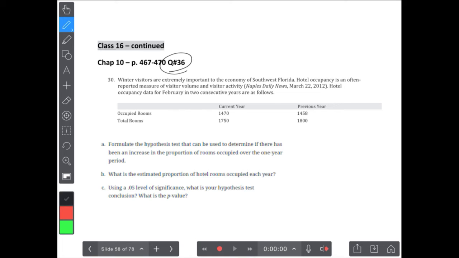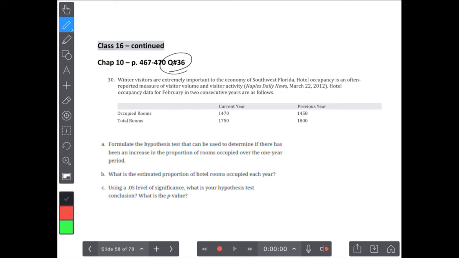So we see the current year, our number of occupied rooms, 1470. Total number of rooms, 1750. The previous year, we had a number of occupied rooms of 1458. The total number of rooms, previous year, sorry, was 1800.